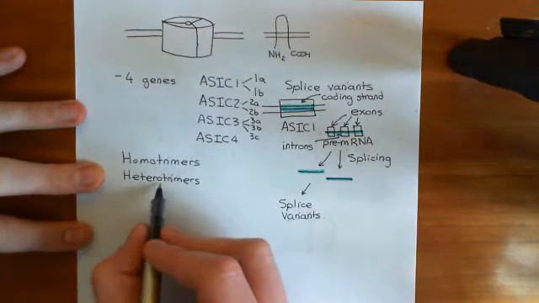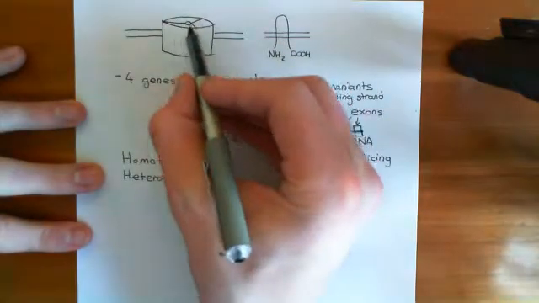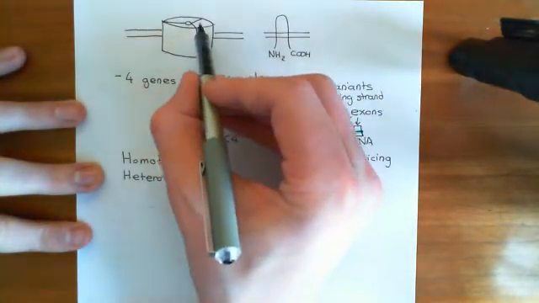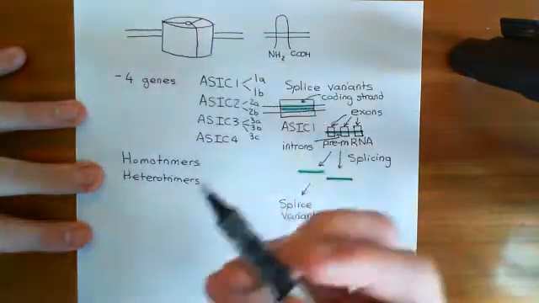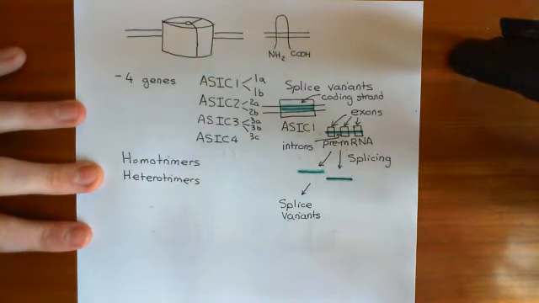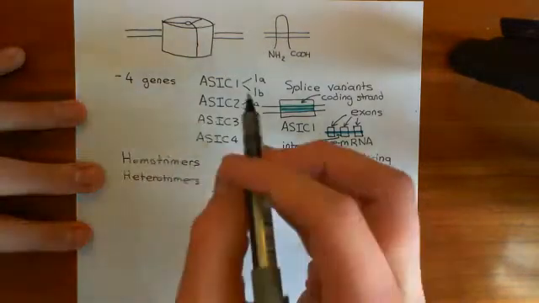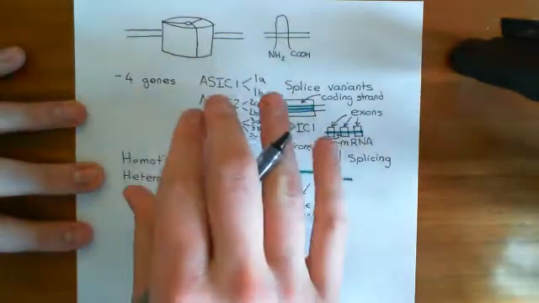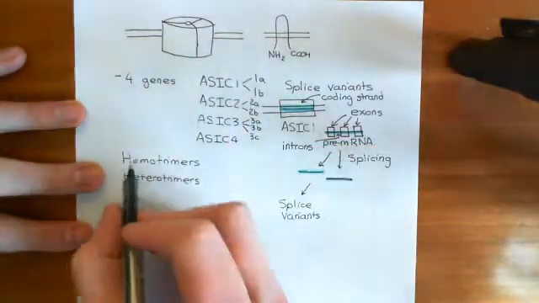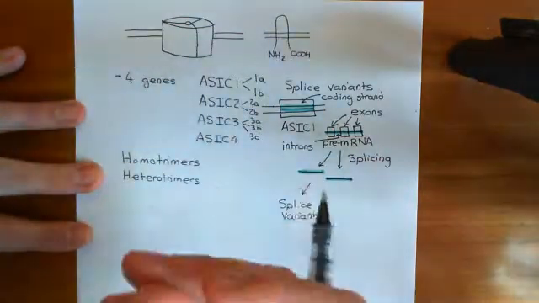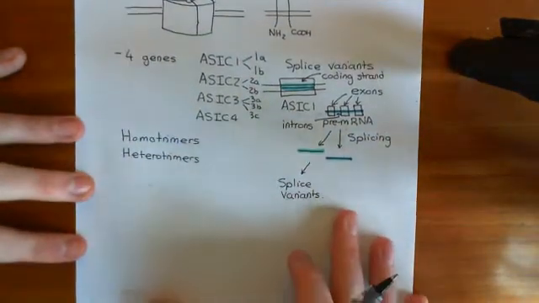Hetero means different, so the subunits which you use to make the trimeric ion channel are different, and those are called heterotrimers. Those also exist. So there are different ways of combining these subunits to make an entire ASIC ion channel, and they're not necessarily all homotrimers. You can mix and match a little bit to make heterotrimers.